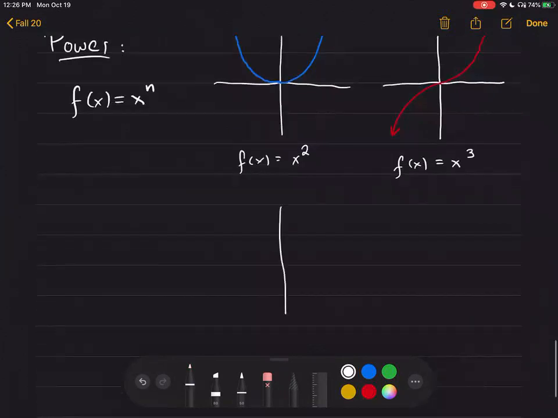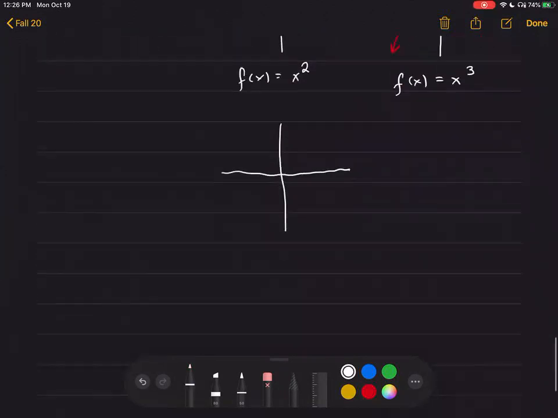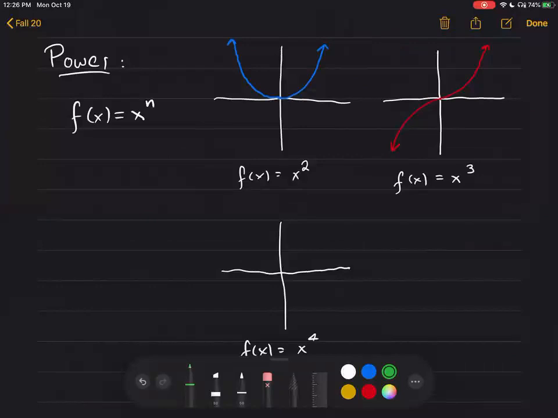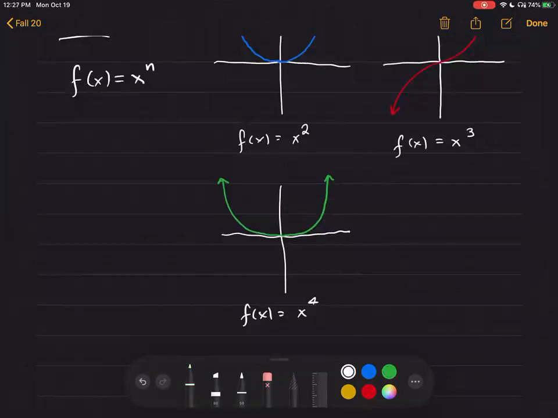And then if we also look at f of x equals x to the fourth power, it's going to look kind of like the parabola up there, except it's going to be a little more squared off at the bottom here, like that. Just like that. And then similarly, if we look at f of x equals x to the fifth power, this is going to look like the third power case, except this time it's going to be more squared off, like that.